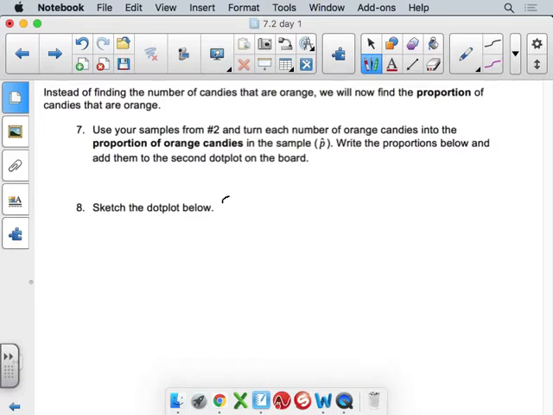So we're going to do a simulation of p equaling 40%, and what it would look like to get all these different p hats with sample size 50.